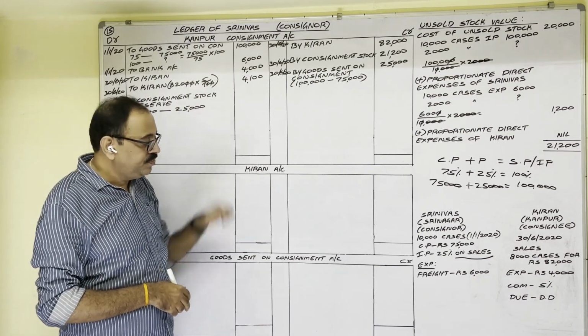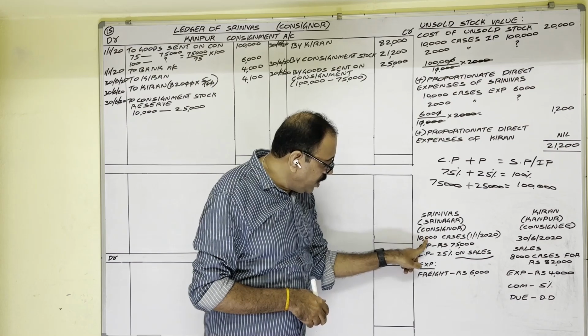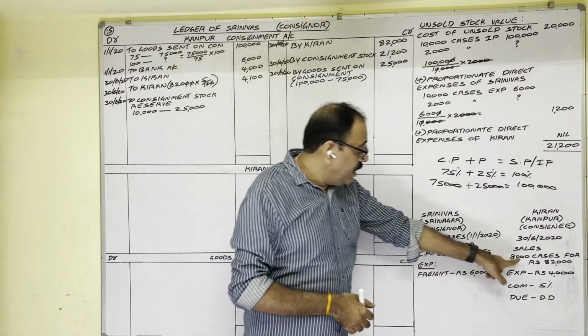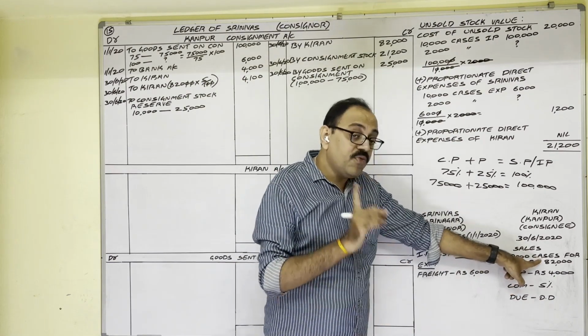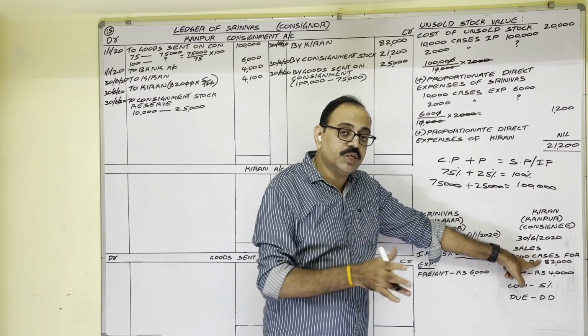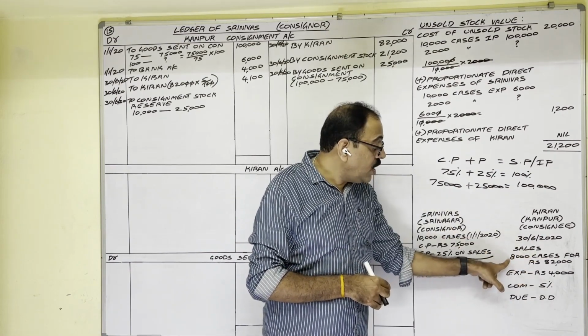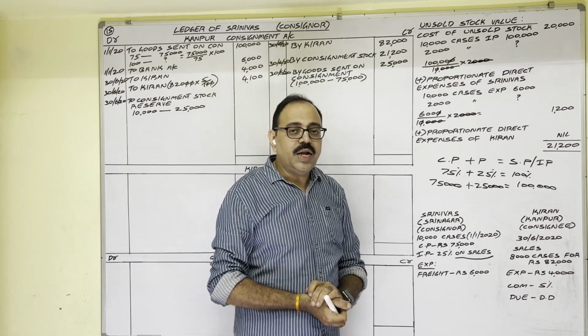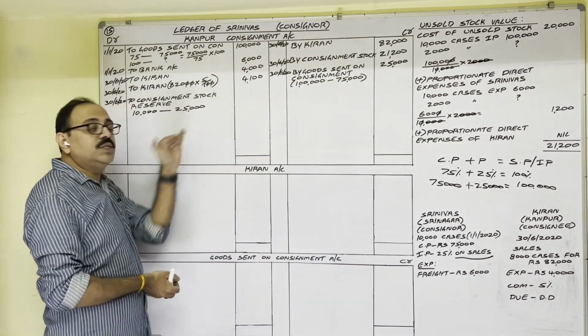But here, one case cost price and one case invoice price are not available. And the sales he has given in the form of quantity, not in the form of fraction or percentage. Sold goods are 8,000 cases. 8,000 is quantity, no? So that is why I am calculating in this manner.